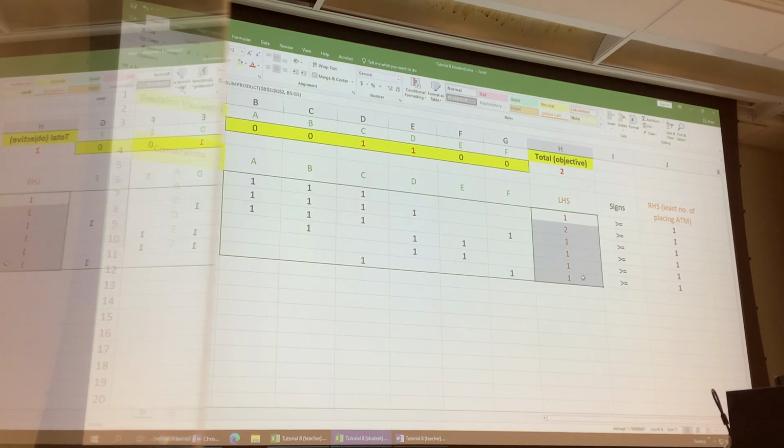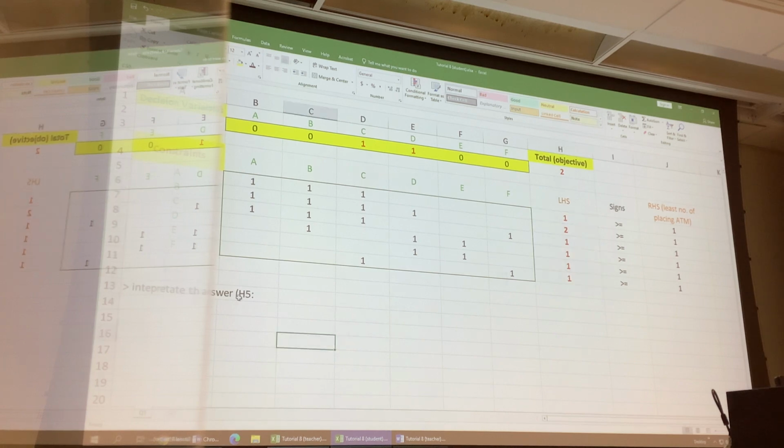So how to interpret the answer for here? Okay, so interpret H5 to H10.